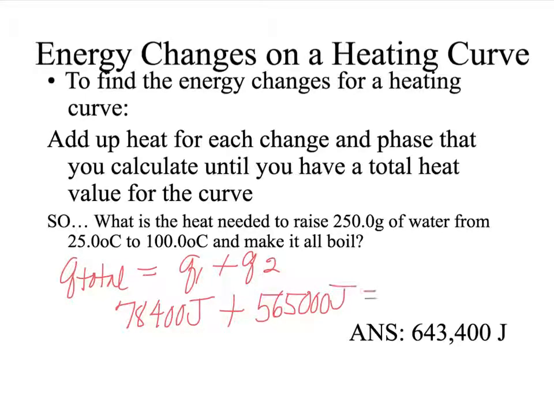We add that up, and we get a value of 643,400 joules. That would be our answer to the question of what is the heat needed to raise 250 grams of water from 25 to 100 degrees Celsius.